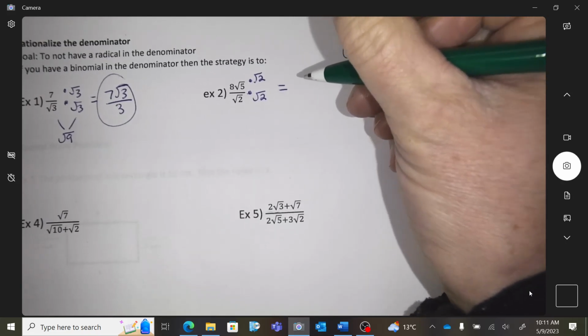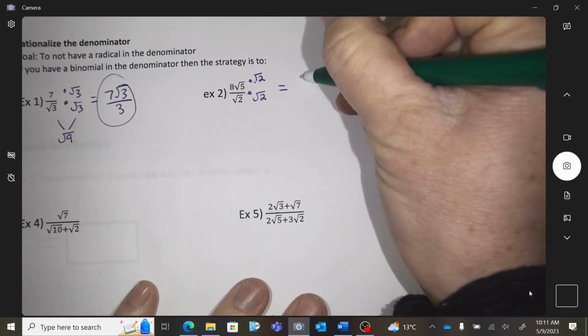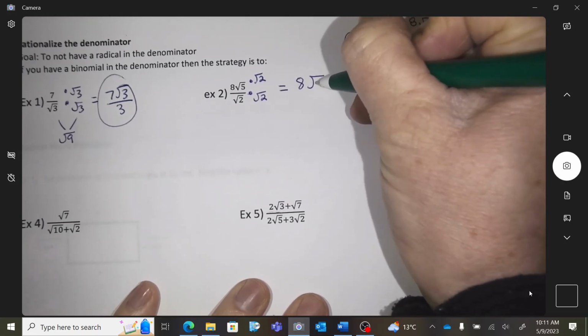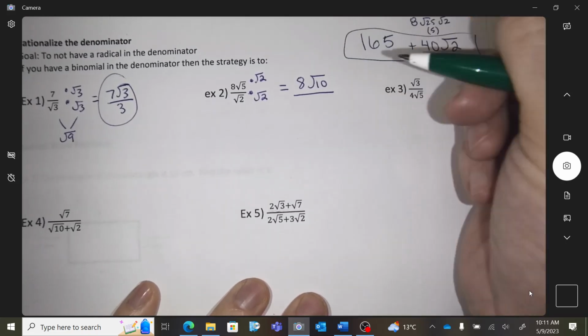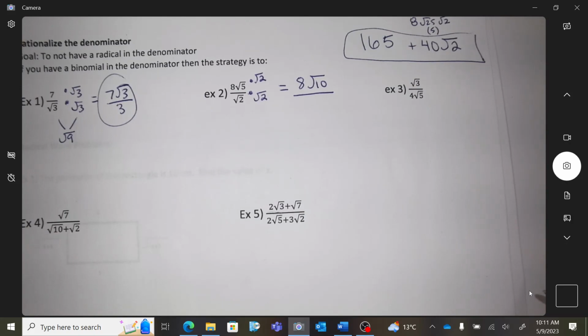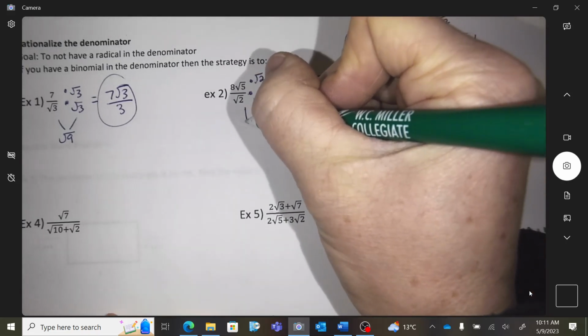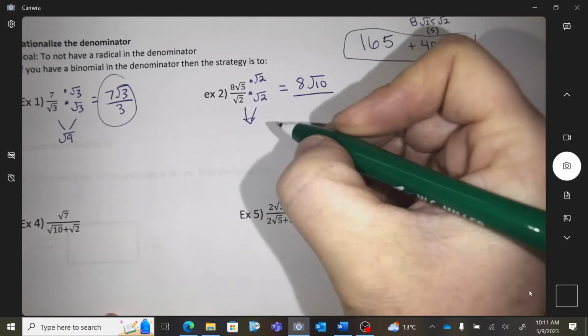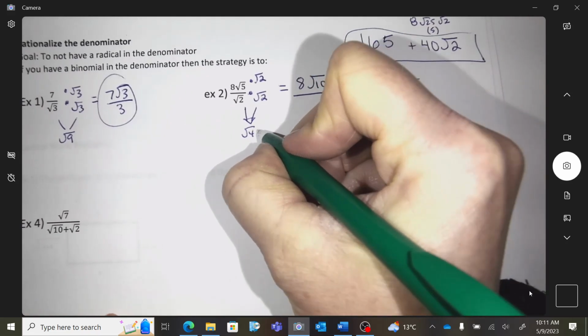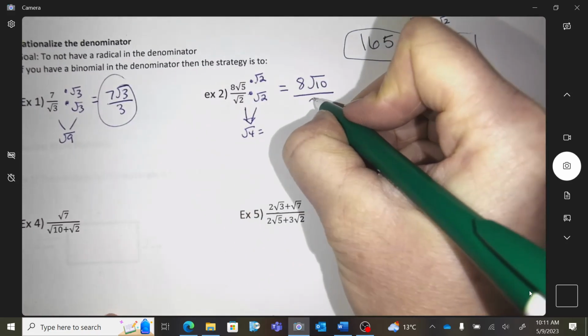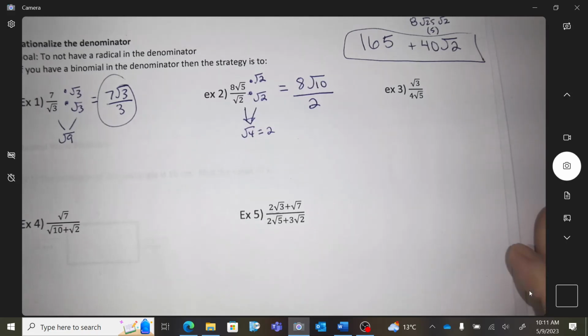Whole numbers, radical numbers. What do you get? 8 root 10 over, and root 2 times root 2 makes a root 4, which is whole number 2.